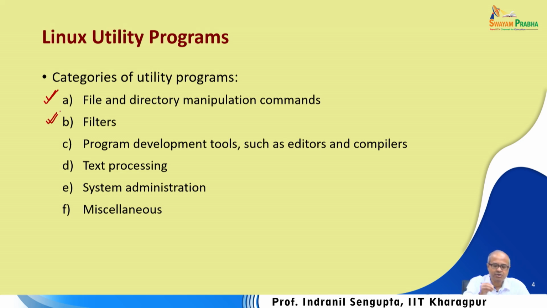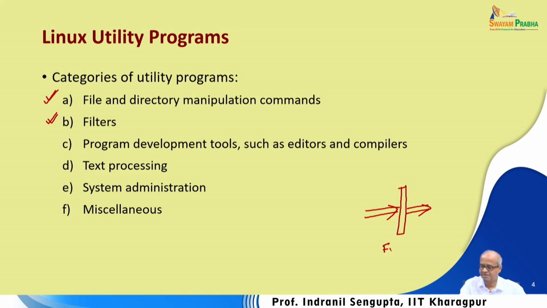There are something called filters, like for example, I give a command, I get some output, but I do not want all the output, I want to filter it, I want to see only a subset of the outputs, or I want to see the output in a slightly different format. So, I include a filter. That means, filter is like a layer where the output of some program you are running is coming and the filter is presenting the output in a different way.